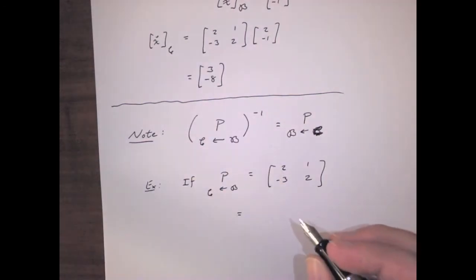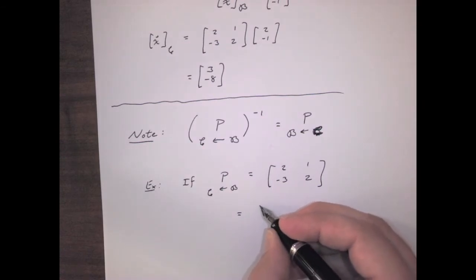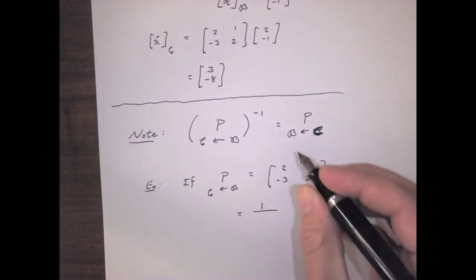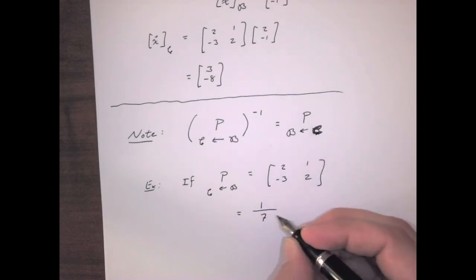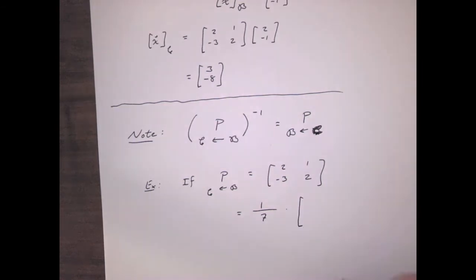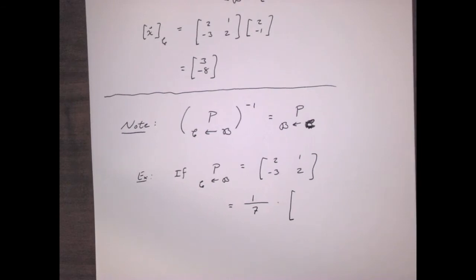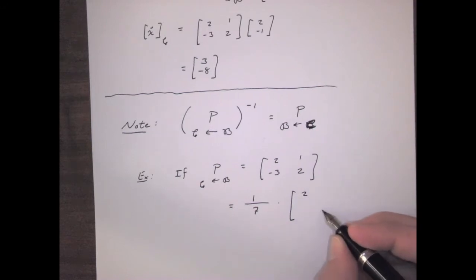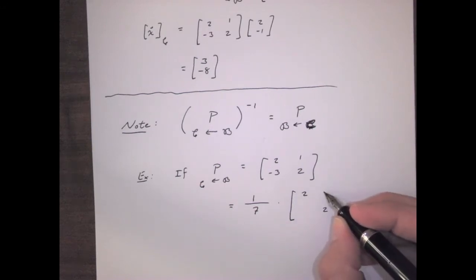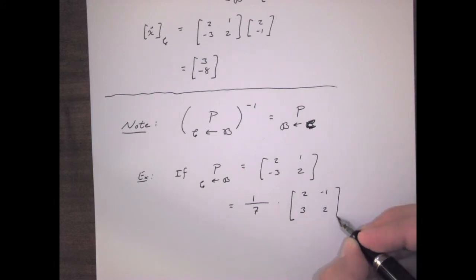So then this would be 1 over the determinant, so 4 plus 3 is 7, times the typical scrambled up version of the entries here, where you switch around the A and the D, and you make B and C the opposite. So that would be a 2 and a 2, okay, those didn't switch very much. And then we're going to have a negative 1 and a positive 3.